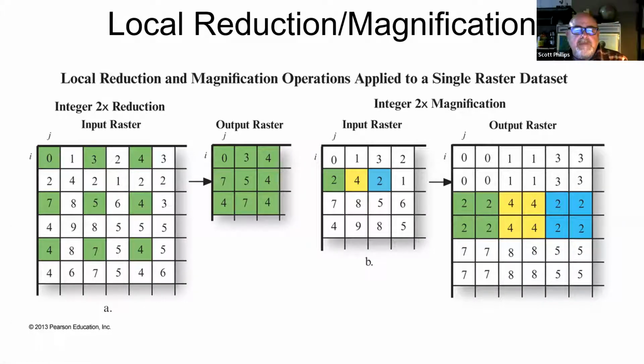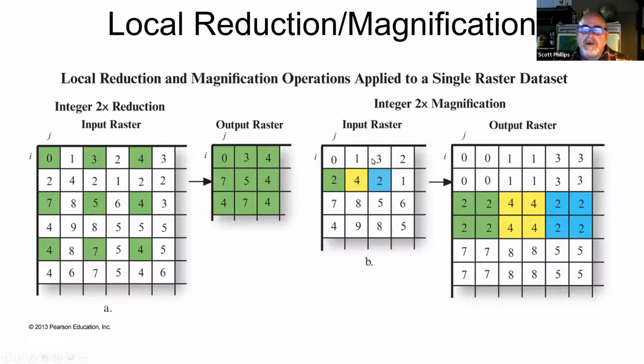We can do things, there's some things like local reduction or magnification. So let's say we have an input raster where we just want to take maybe every other cell, but in both directions, and then we kind of collapse that into a smaller raster data set.